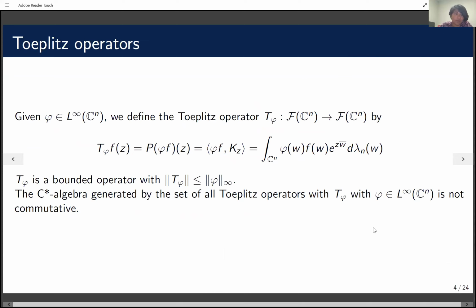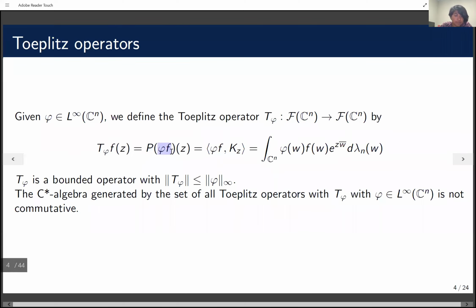Now we are going to define Toplitz operators. Given a function phi which is essentially bounded on C^n, we define the Toplitz operator T phi going from the Fock space to the Fock space with symbol phi by T phi f evaluated at z equal to the projection of phi f evaluated at z.